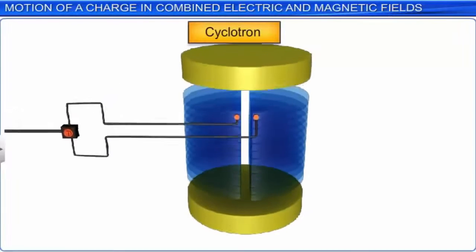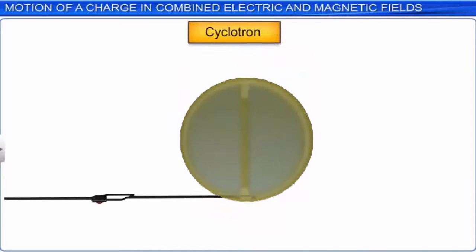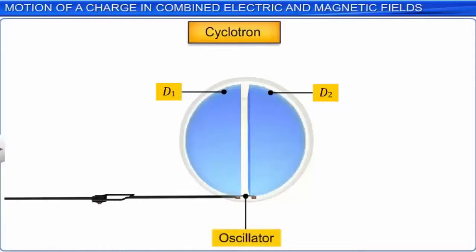The cyclotron consists of two hollow, flat, semicircular metal disc-like containers called D1 and D2, as their shapes are similar to the letter D. These two Ds are separated by a narrow parallel gap. These two Ds are connected to a high-frequency oscillator, which produces an alternating voltage.